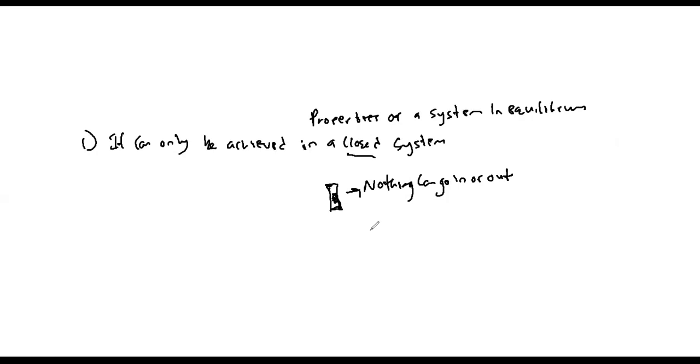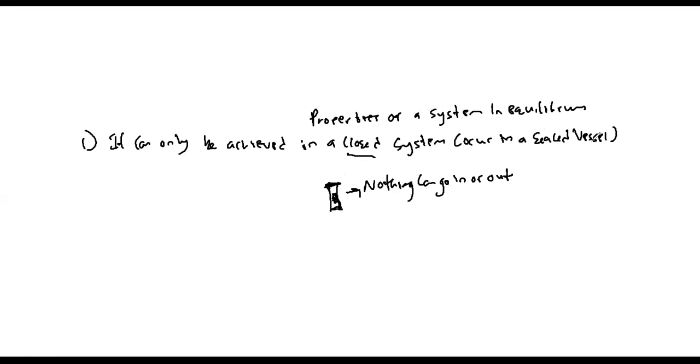You see, a closed system must be achieved in a sealed vessel. For example, look at this. It must be covered. It can occur in a sealed vessel. So the system is not exchanging anything with the environment.